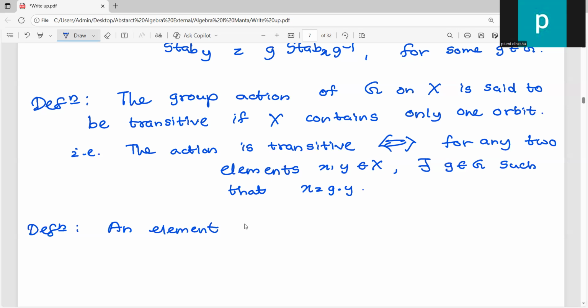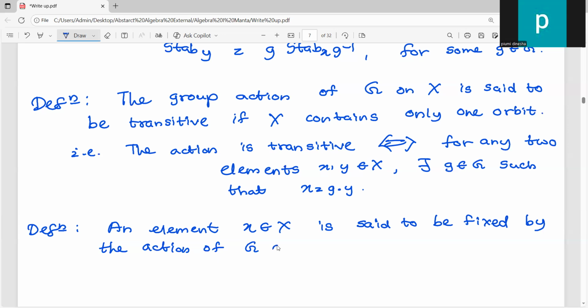An element X in X is said to be fixed by the action of G on X if G dot X equals X for all G in G.